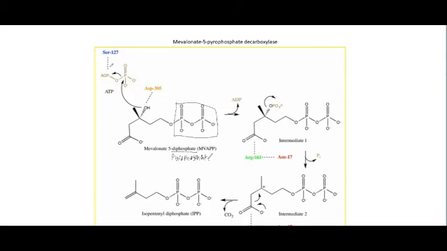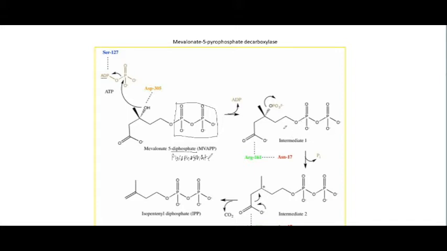And so this is an ATP, which is ADP plus 1 more phosphate. This hydroxyl here is going to take that phosphate off of the ATP. ADP is then released.